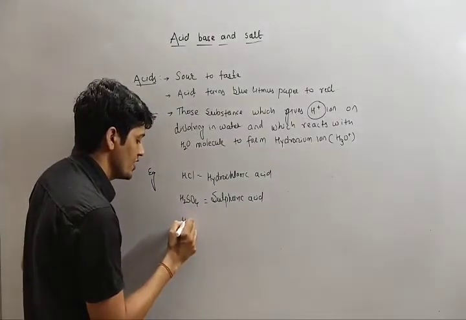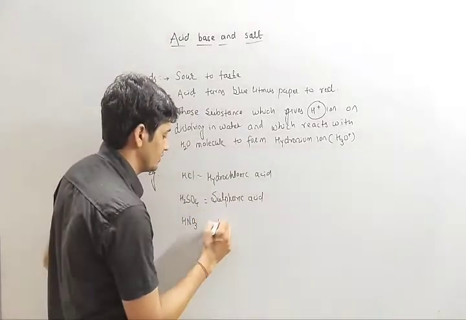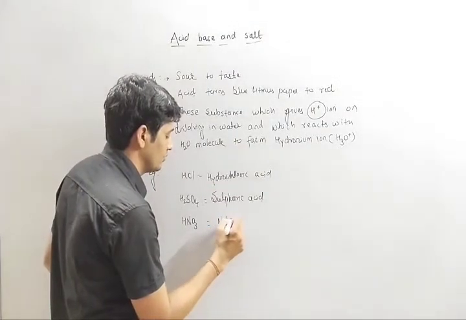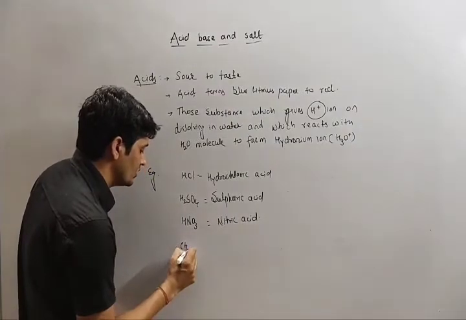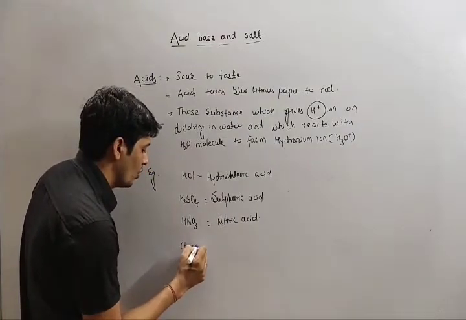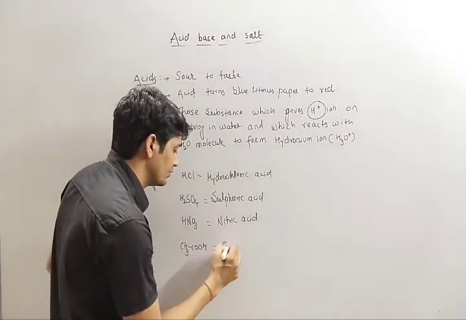Then HNO3 is nitric acid. Then CH3COOH is ethanoic acid.